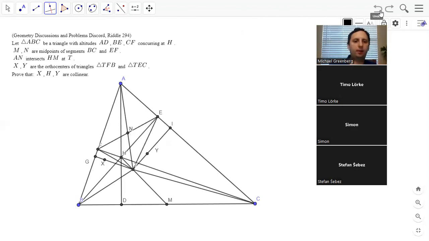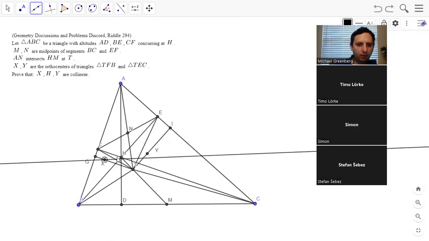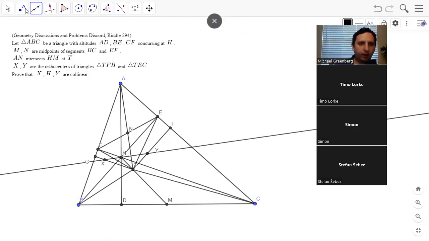Okay, so we can basically get rid of point Y. We just want to show XH is perpendicular to AT, so that would simplify the diagram.